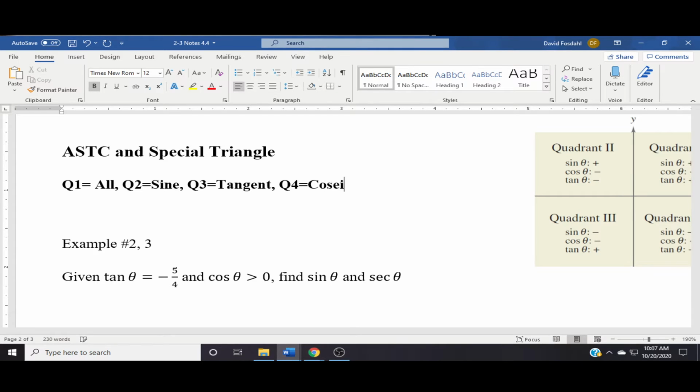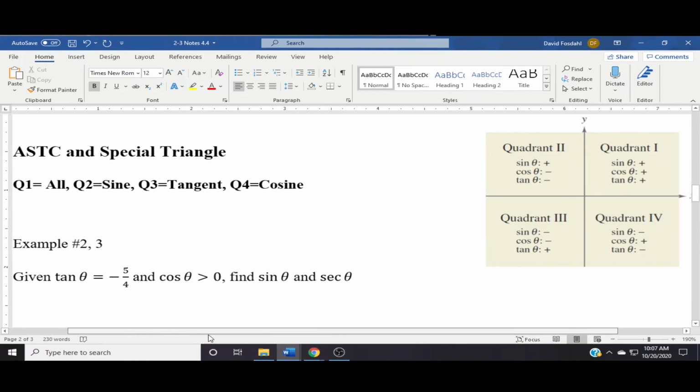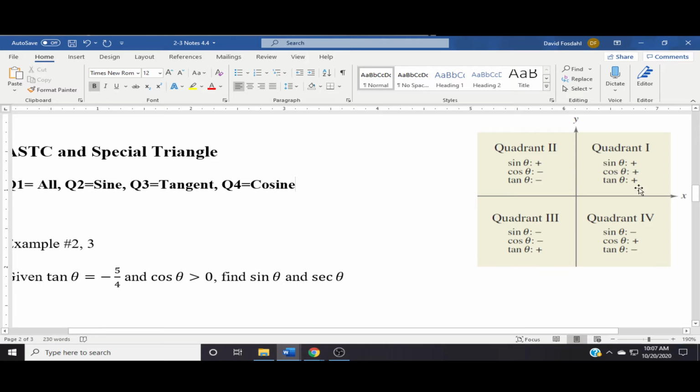What does that mean? In quadrant 1, everything's positive. In quadrant 2, sine is positive. In quadrant 3, tangent's positive, and in quadrant 4, cosine's positive. So ASTC tells us what is positive and what is negative.